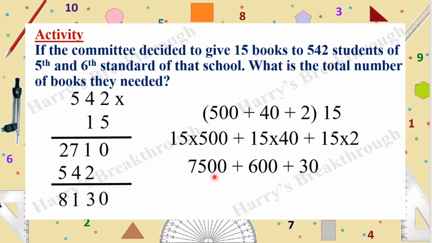So 75 with 2 zeros, 7500, plus 15 into 4 is equal to 60, then a 0, so 600. 15 into 2, 30. And if we add these three numbers, we will get 8130. So we got the same answers from the two methods. So there were a total of 8130 books needed for 542 students.